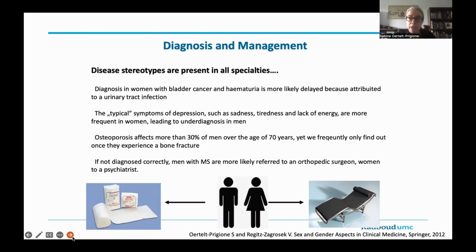And if you ask these patients which kind of specialists they have seen before they actually obtained a diagnosis, men are much more likely to tell you that at a certain point they saw an orthopedic surgeon, while women will tell you that they're more likely to have seen a psychiatrist, where usually male patients with MS are never sent to. So we still have a long way to go, although things are progressing, as I showed you with a heart attack.